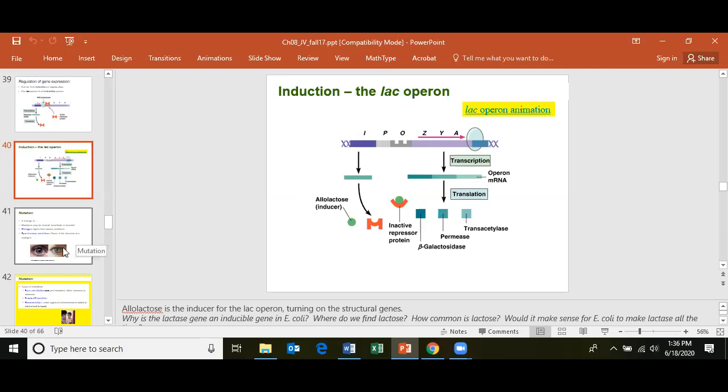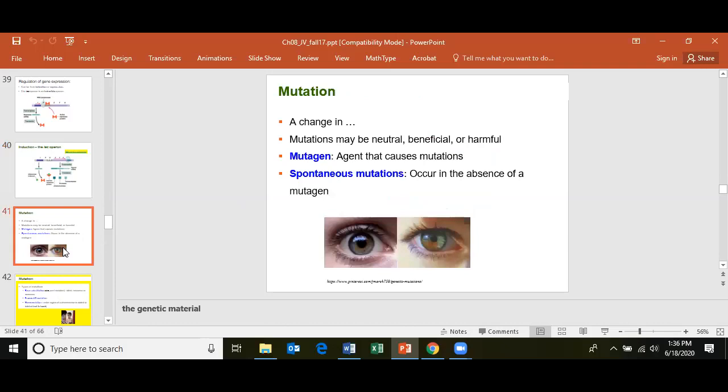Let's move on to the topic of mutation. A mutation is a genetic change in the DNA. Mutations may be neutral, meaning they have no benefit or harm to the individual, like this eye color probably is neutral.